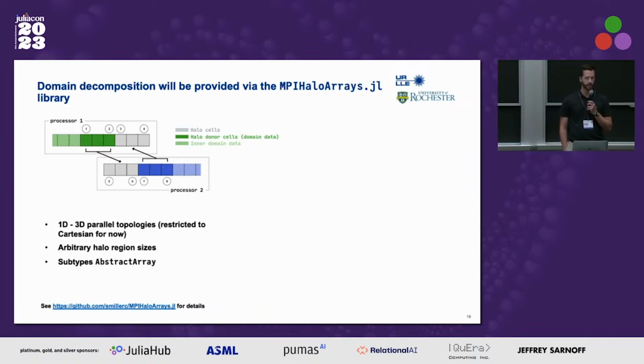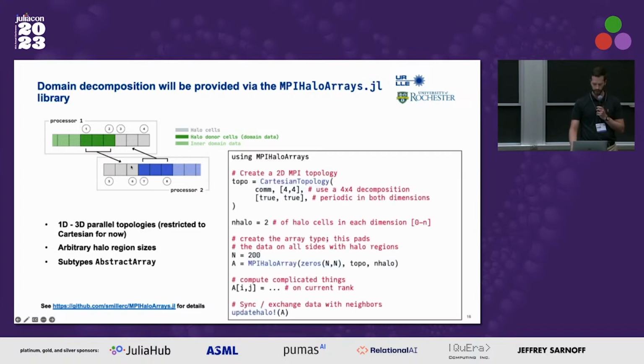Right now it's restricted to Cartesian, but you can choose arbitrary halo sizes depending on the order of your solver. So here in the picture we show 1D with a halo region of 3 cells. You can see that here in gray. And when you're syncing the halos between 2 different domains or 2 different processors, you do an exchange, and this library makes it very simple.